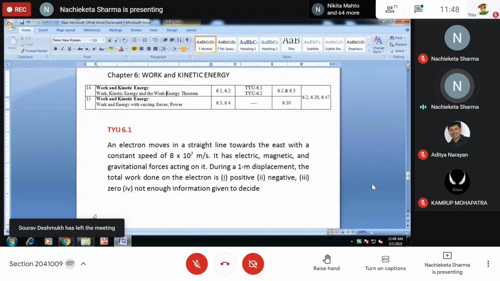During a 1 meter displacement, the total work done on the electron is positive, negative, 0, or not enough information given to decide. The electron is moving, the displacement is 1 meter. Now can you say what is the total work done on the electron?